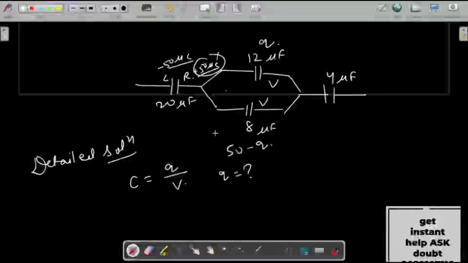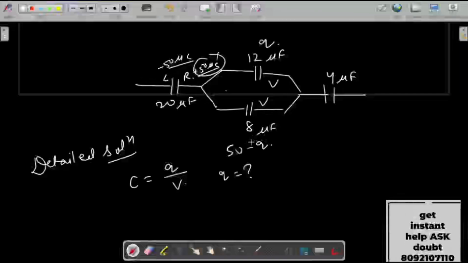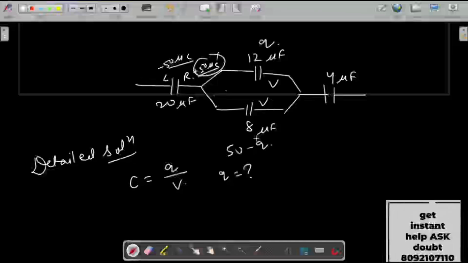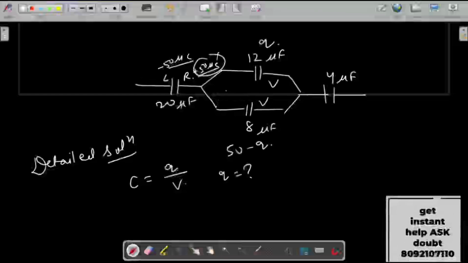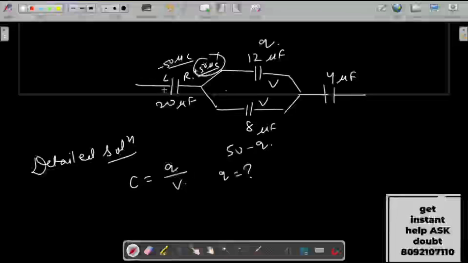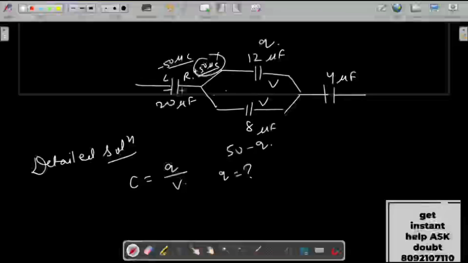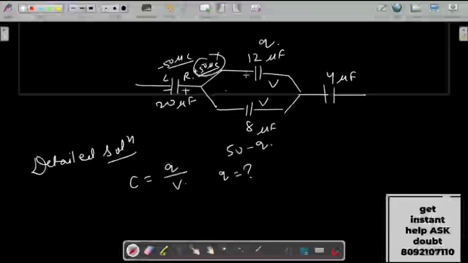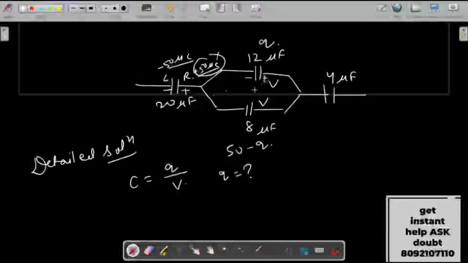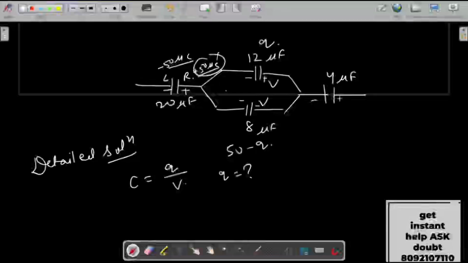And here we need to keep one more thing in mind, that the charge on a capacitor is arranged in an alternating manner. I mean to say, it has negative charge and then positive, and again it follows the same pattern: negative, positive, negative, positive.